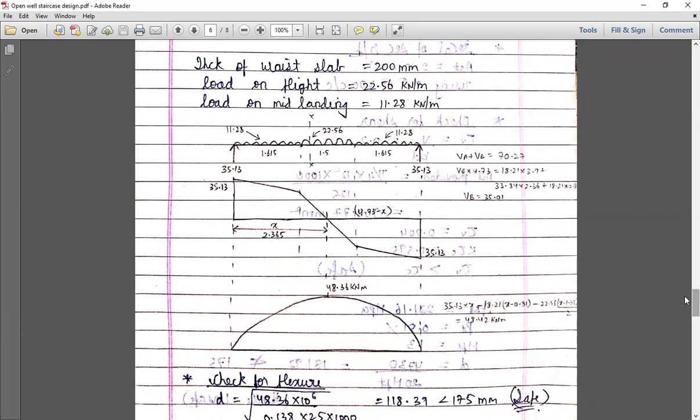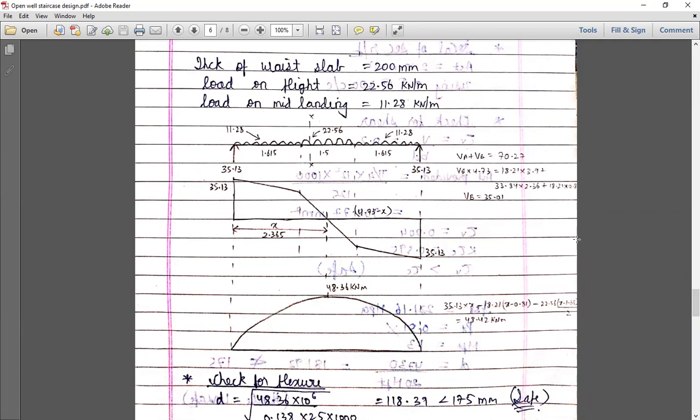Others? 16 and 17. Okay, fine. So I think all of you have got this design of open well staircase properly. So the values are almost the same.